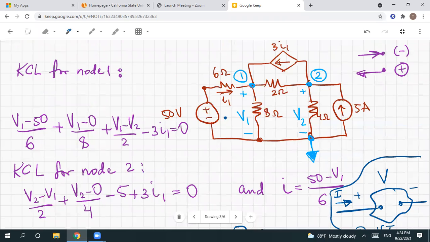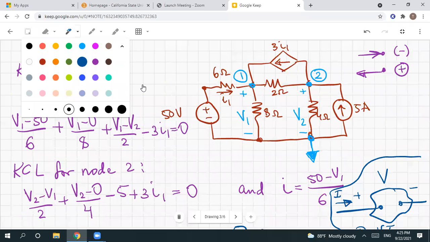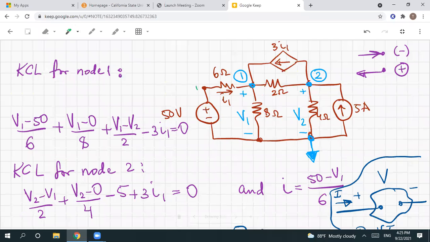So let's start with this source. In this source, I have 50 volts and I have a current. I will assume that the current is going in this direction to fulfill the passive sign convention. I need the current to enter the positive terminal, so the voltage will be like this in this source.